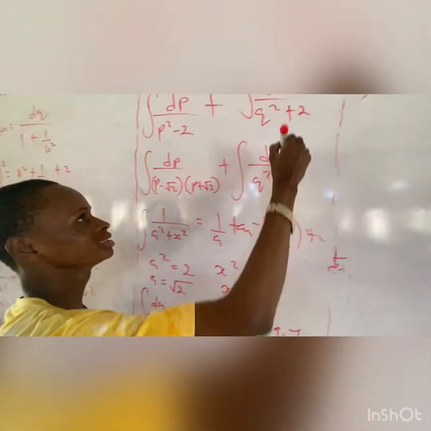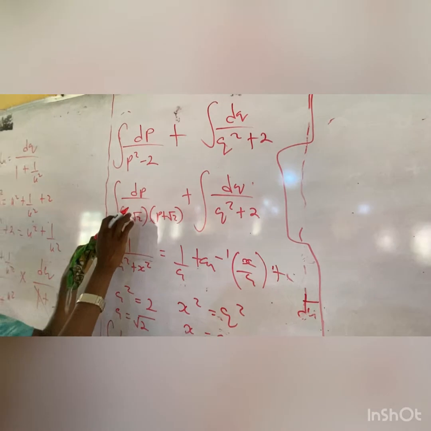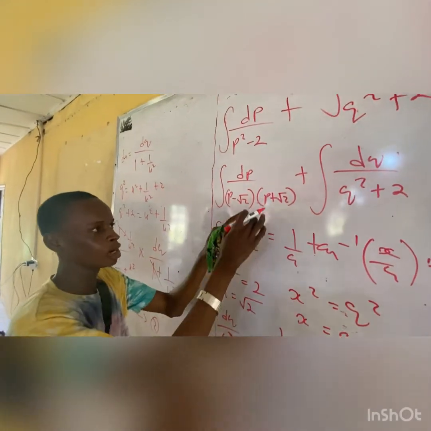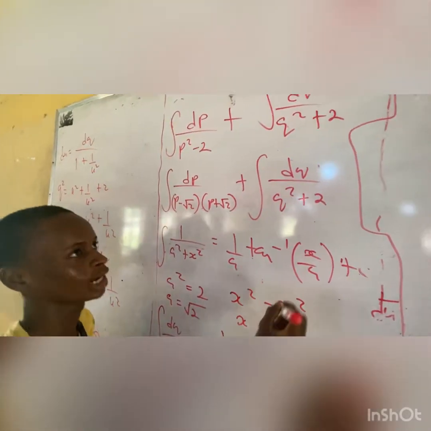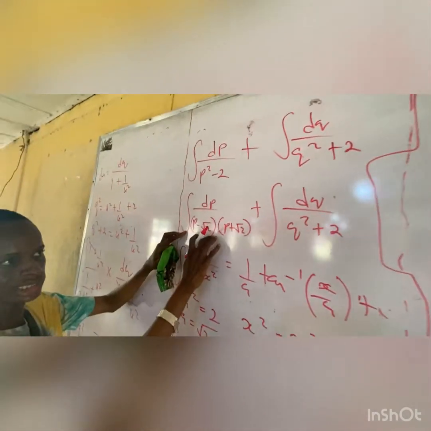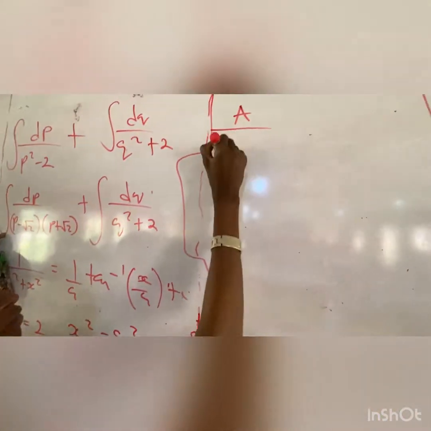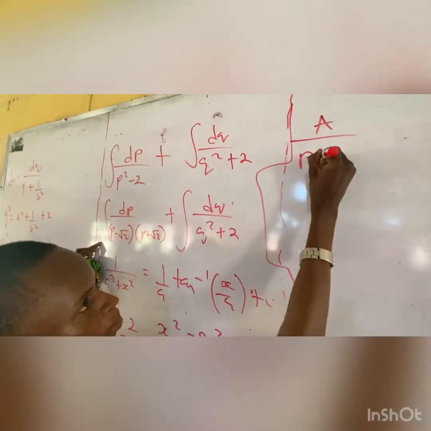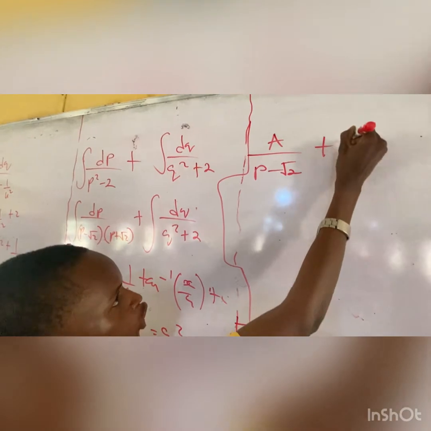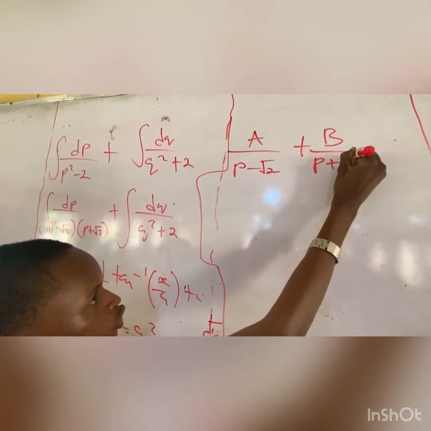So we have our integral as dq. This can be a over p minus q plus b over p plus q. Don't forget we are dealing with this. So that's a over p minus the square root of 2 plus b over p plus root 2.